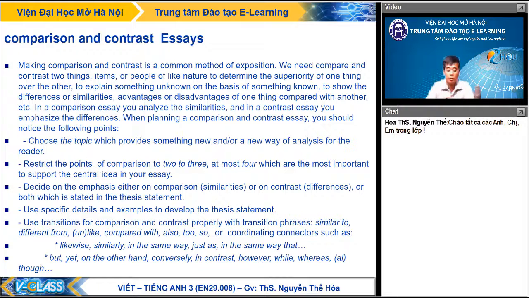And of course, in a contrast essay, you have to emphasize the differences. So for the comparison and contrast essay, you try to find out the similarities and the differences of the matter, when I compare two things, two objects, even two topics.